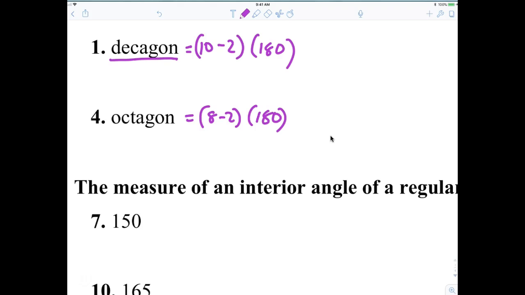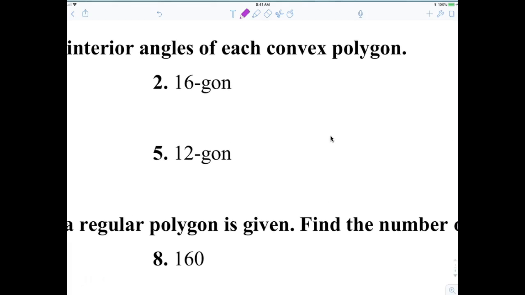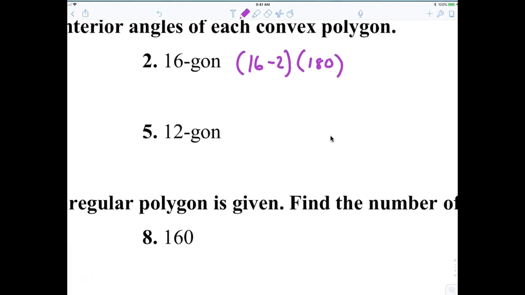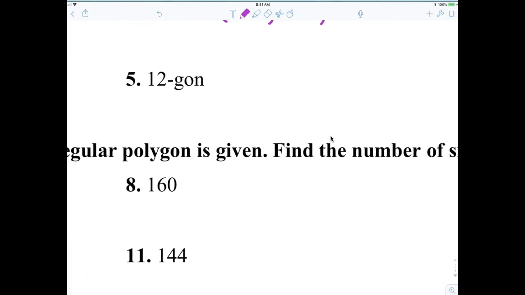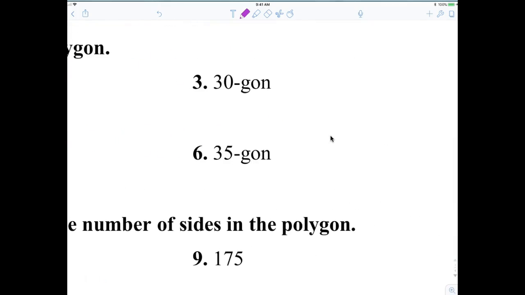Is everybody okay with that? A 16-gon would be 16 minus 2 times 180. A 12-gon, which is also called a dodecagon, is 12 minus 2 times 180. And then a 30-gon would be 30 minus 2 times 180.